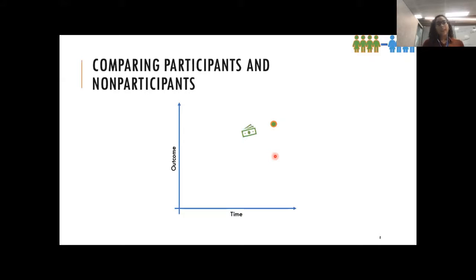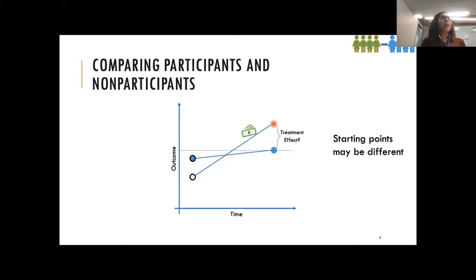Another option that we can think about is that we could compare participants and non-participants. Participants are those who received the money, non-participants are those who didn't. So if we compare those 2 groups at the end of the period, we will think that this is the treatment effect. But then the problem is that our participants may have started here and come here, and our non-participants may have started at a different point.